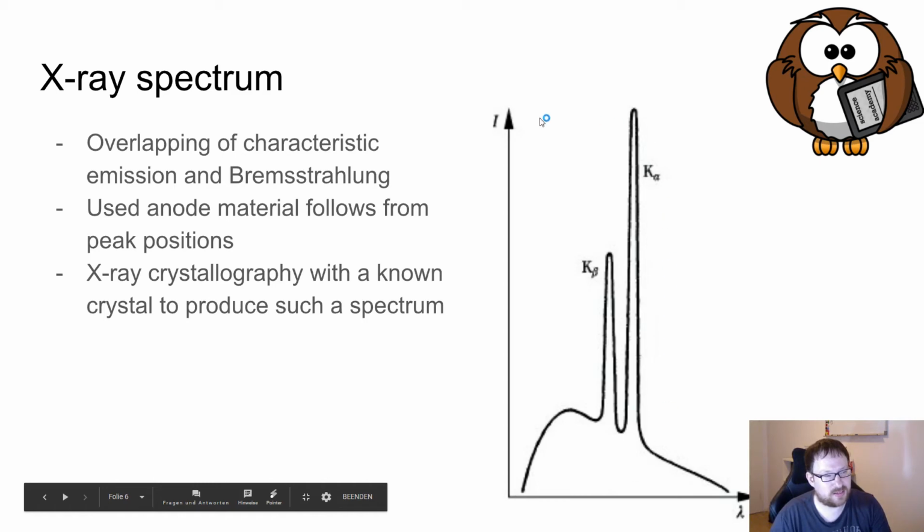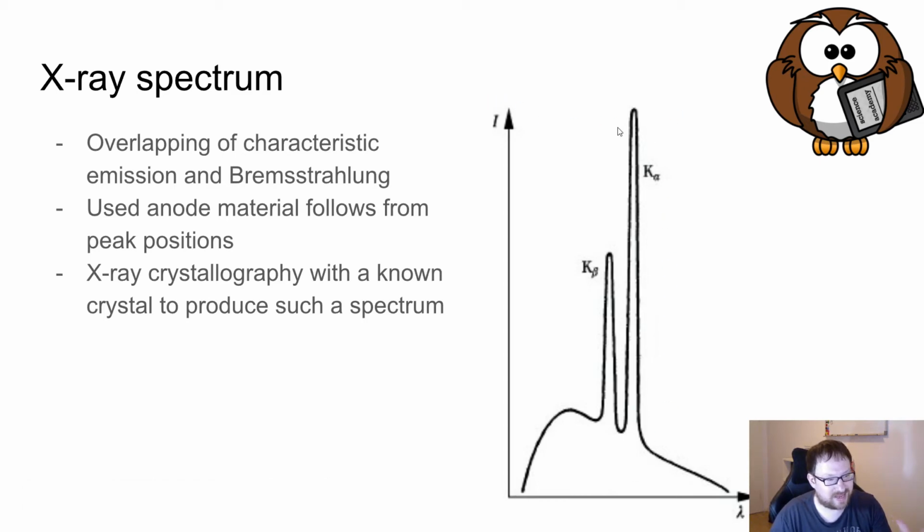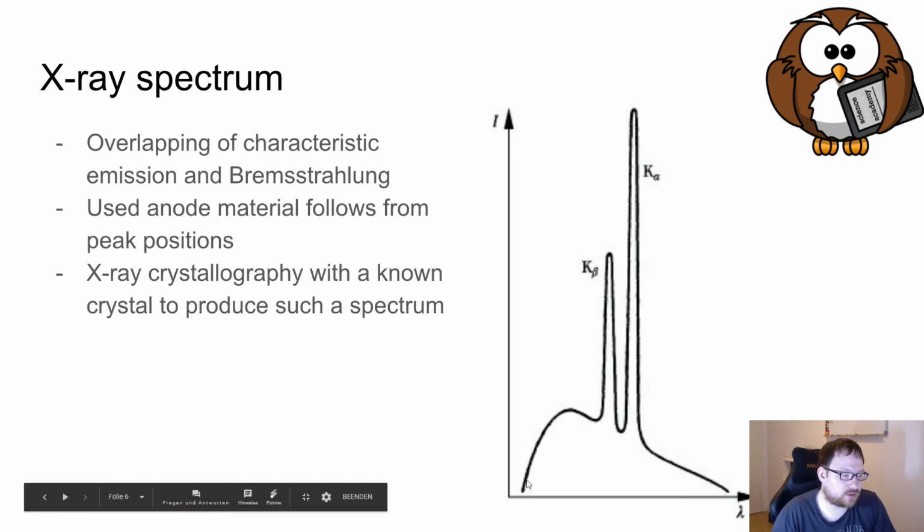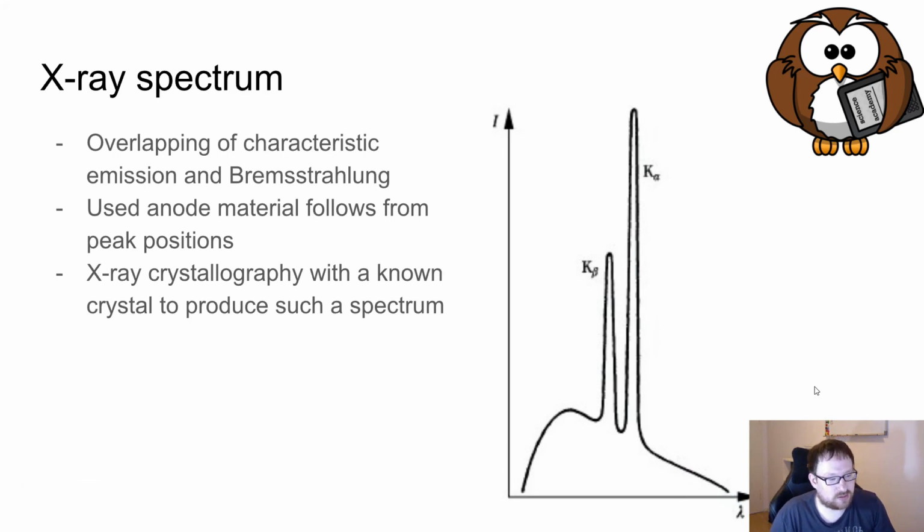On the y-axis we have the intensity, which in this case just means how often it happens. So we also see K alpha is more probable than K beta. And like we expect, we also see the Bremsstrahlung spectrum here, just a continuous radiation of Bremsstrahlung overlapped with the characteristic spectrum.